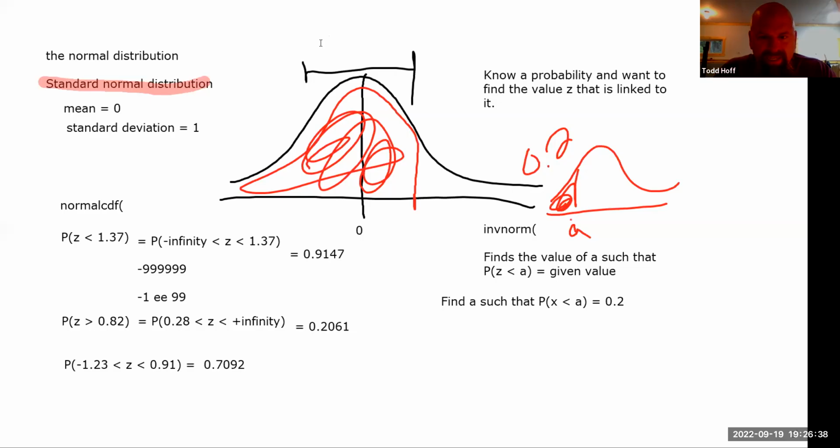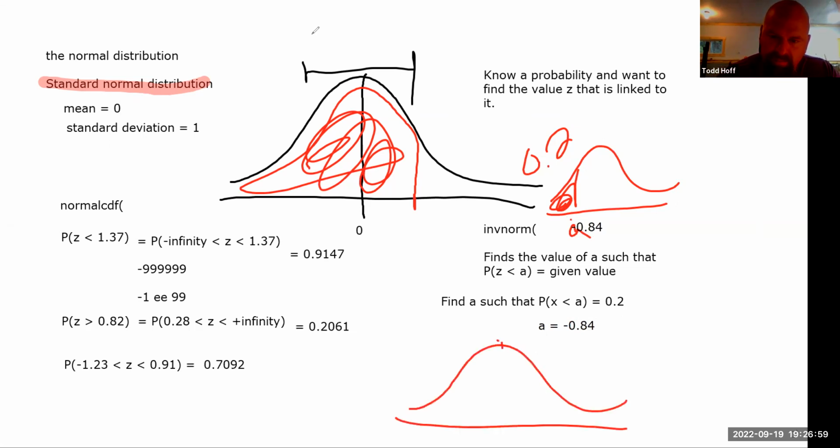So what that is saying is A equals negative 0.84. So it's saying this value down here is negative 0.84. And that makes sense because if it was the center of the curve, the probability to the left would have to be 0.5.